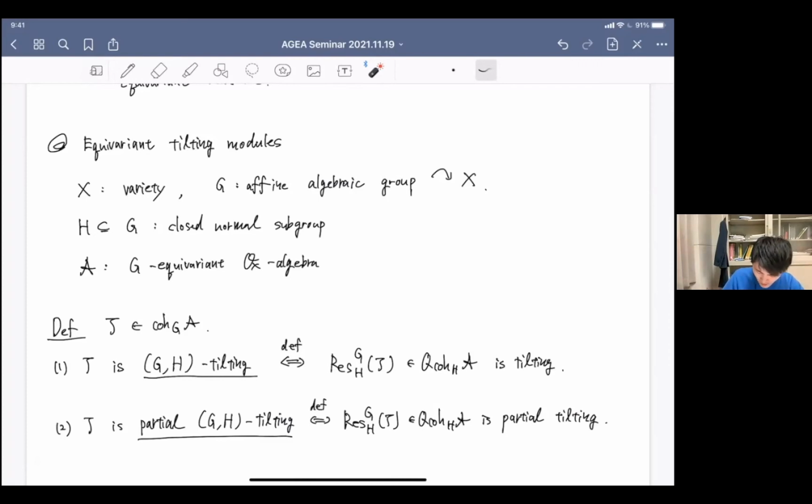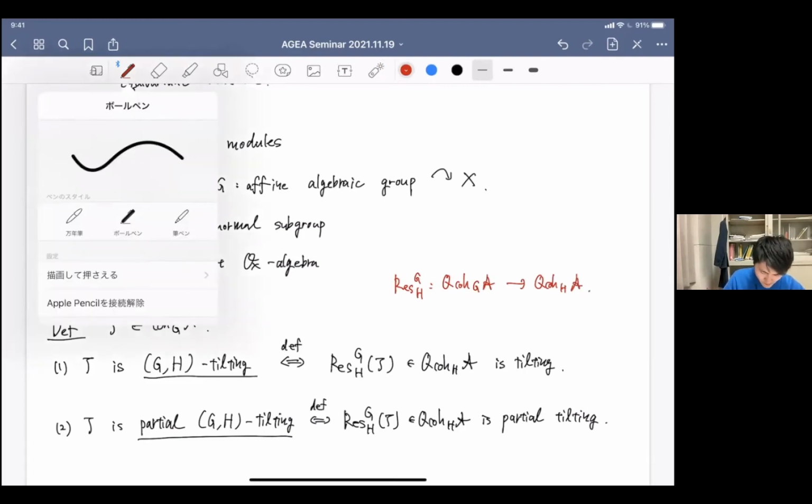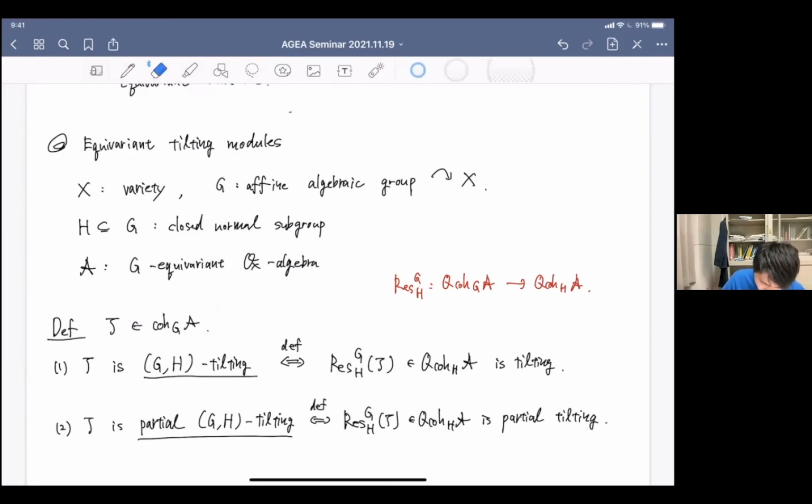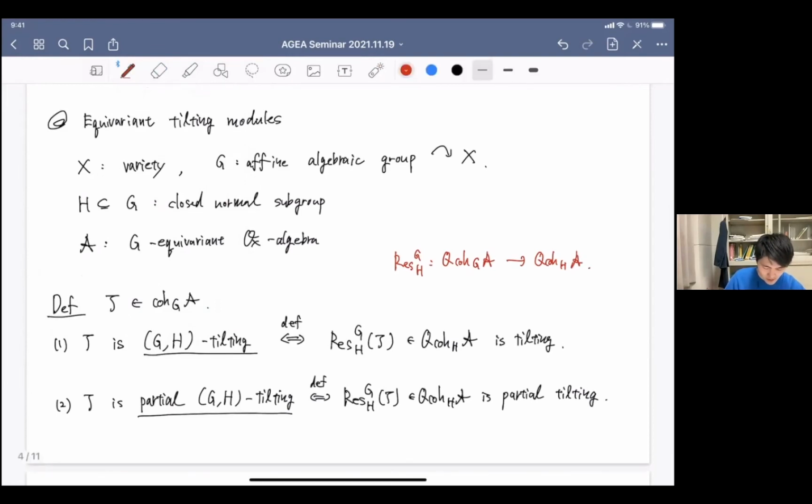Here rest G H is a restriction functor. And we say that T is partial G-H tilting if and only if the restriction of T is a partial tilting object.